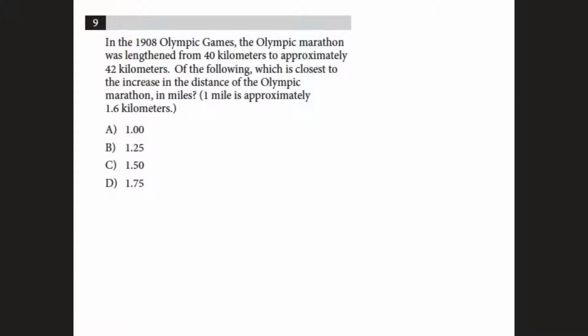Okay, number 9. In the 1908 Olympic Games, the Olympic marathon was lengthened from 40 kilometers to approximately 42 kilometers. Of the following, which is closest to the increase in the distance of the Olympic marathon in miles, given that 1 mile is approximately 1.6 kilometers? Okay, so we know that 1 mile equals 1.6 kilometers.